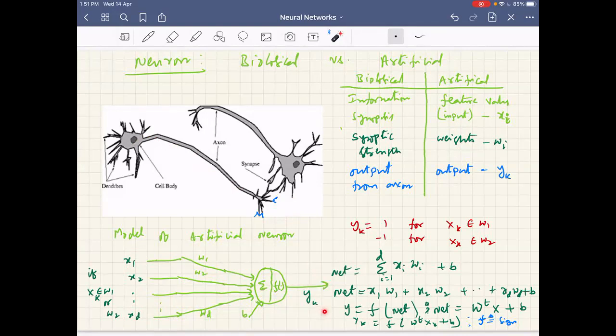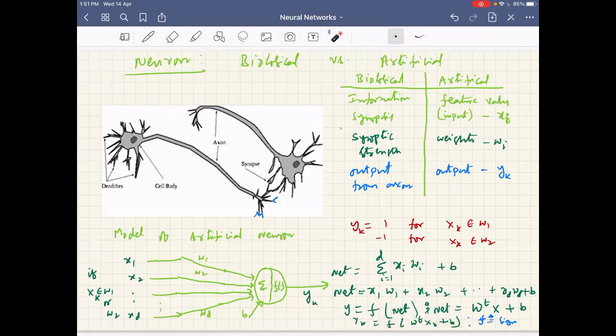We have seen that this model is exactly like relating the decision output variable yk to the input features xk through the equation yk equal to f of w transpose x plus v.